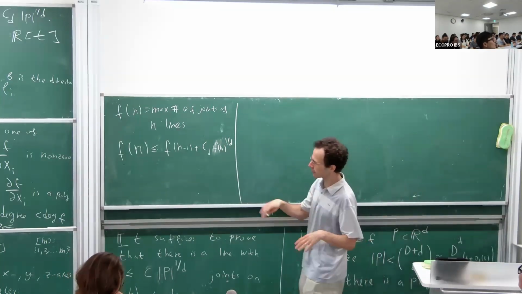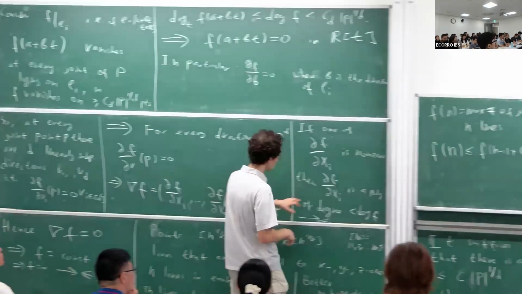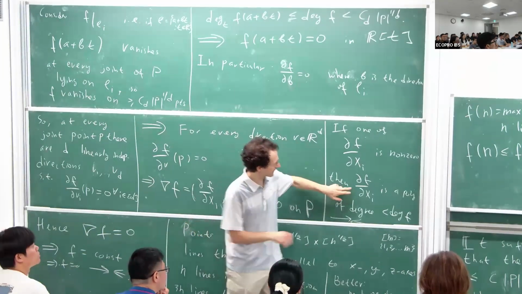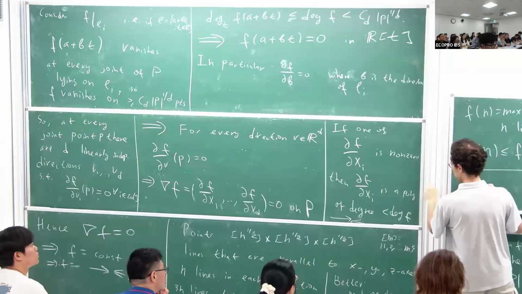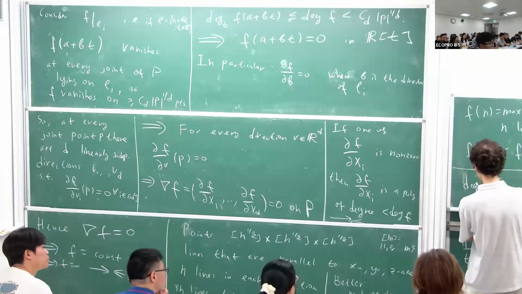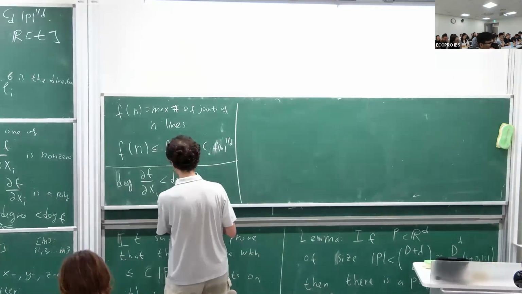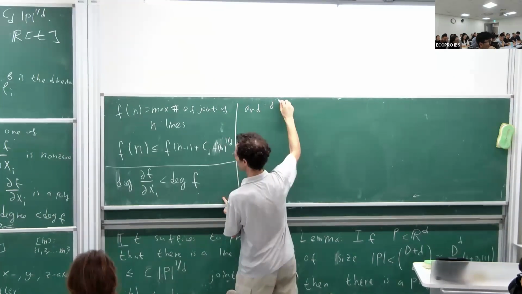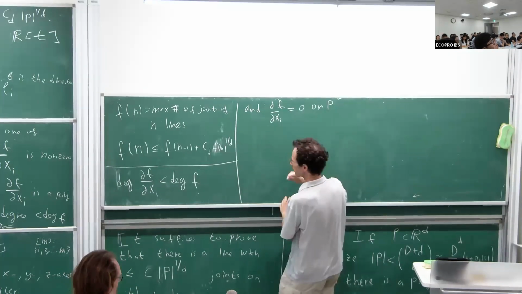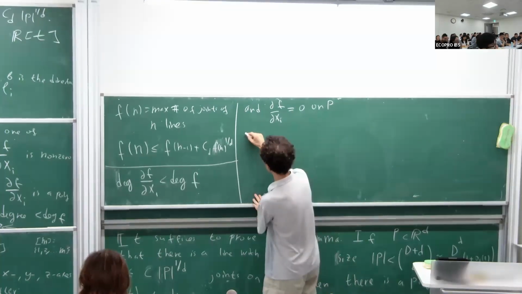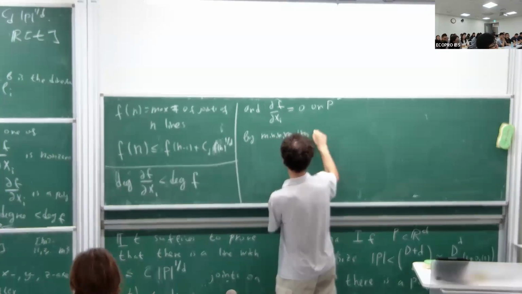Let's continue. Quite a few people came afterwards asking questions about this step. So let me spell it out for the benefit of people who didn't come. The main step was that the degree of this partial derivative was smaller than the degree of f, and this partial derivative was 0 on p, and this by minimality of f, right?